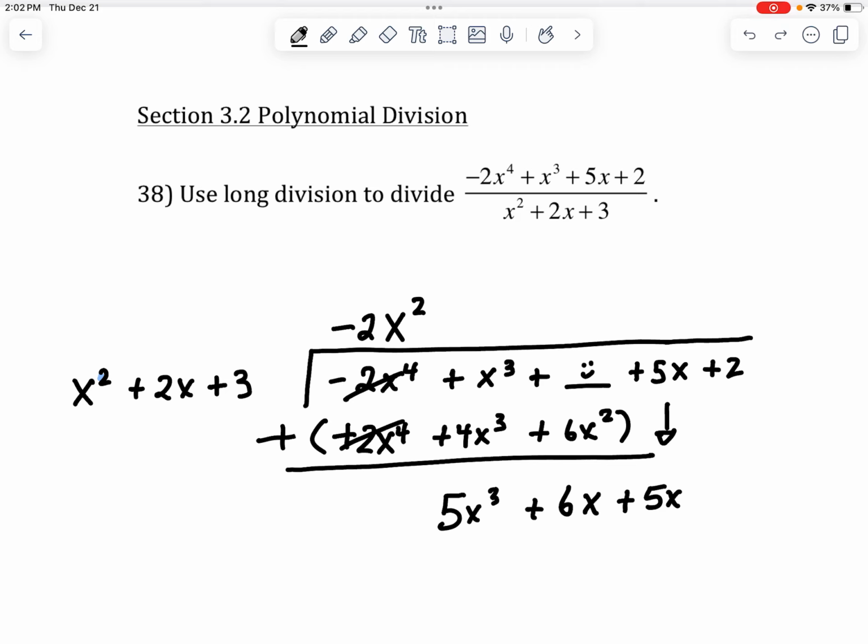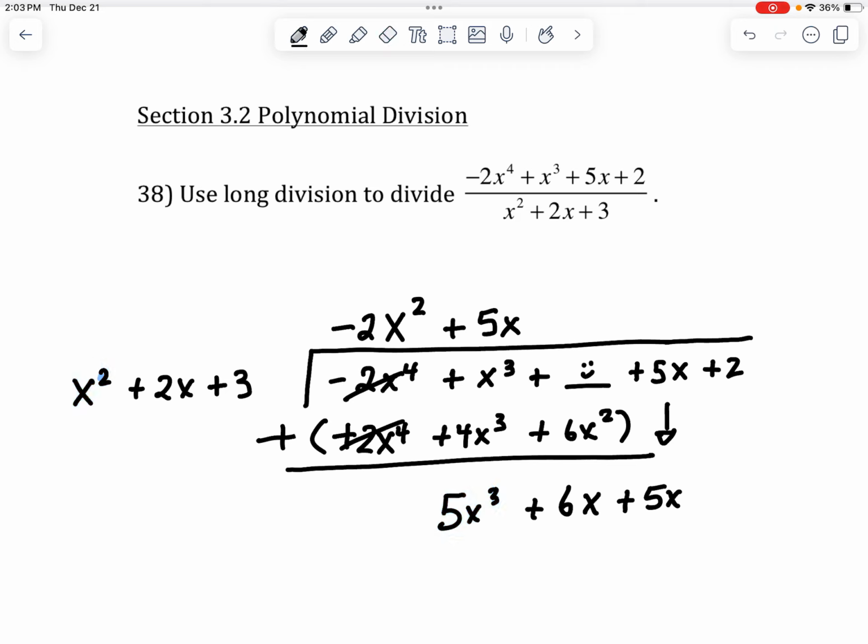Then the next part is, how many times will an x squared divide into a 5x cubed? That means I will definitely need a 5 because our x squared doesn't have one, and I'll need another x. And then distribute.